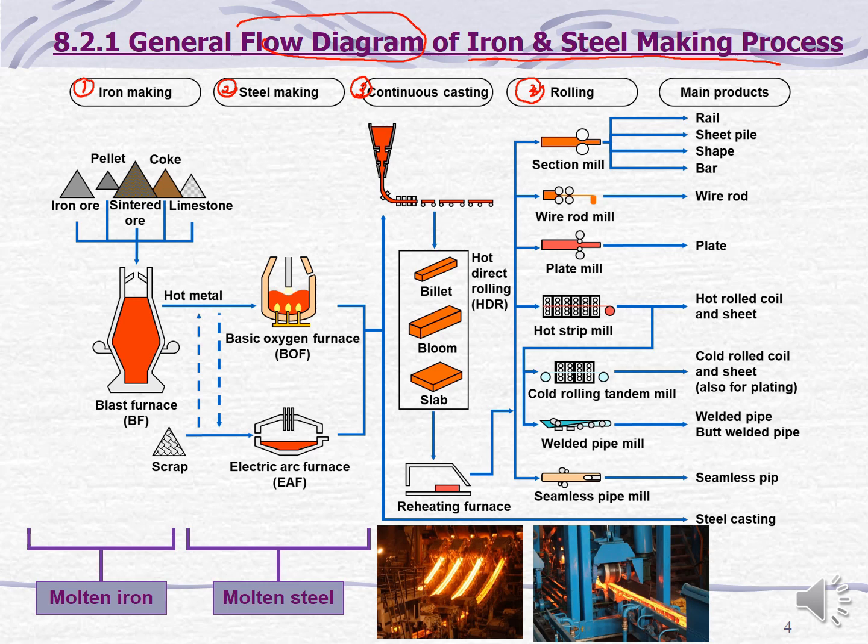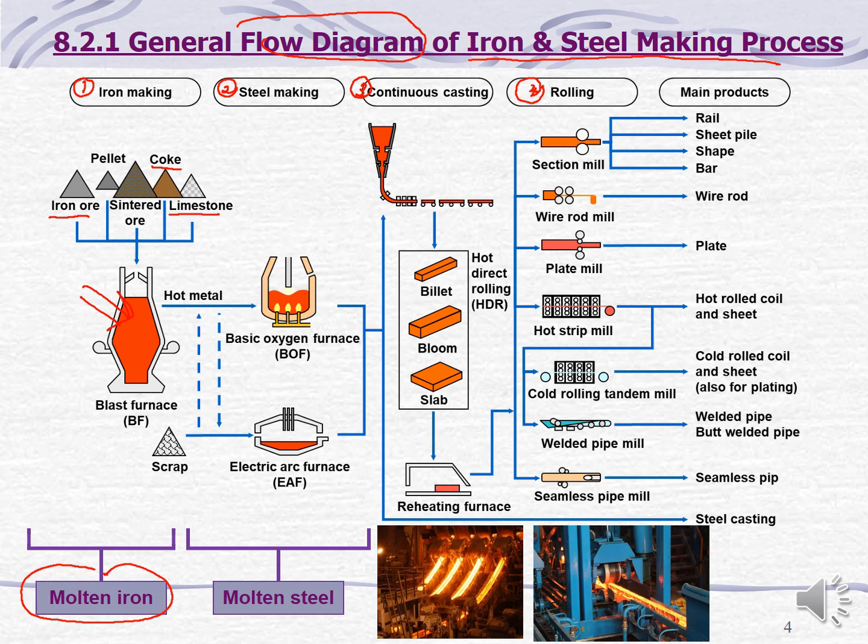For this iron making process, this process begins by mixing all the minerals such as iron ore, coke, and limestone into a blast furnace. Then the chemical reaction in the blast furnace will produce a molten iron.